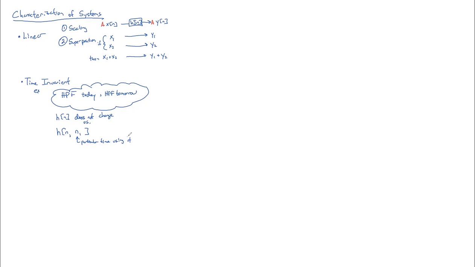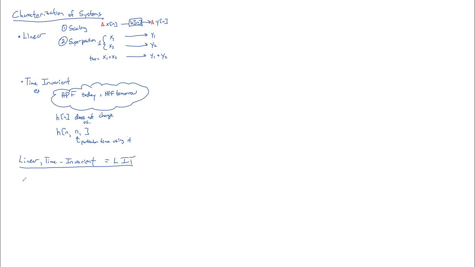So that's an example of a non-time invariant system. But for the systems that we study as an undergraduate, they are all linear and time invariant. And that is so common that we're just going to call them LTI systems.